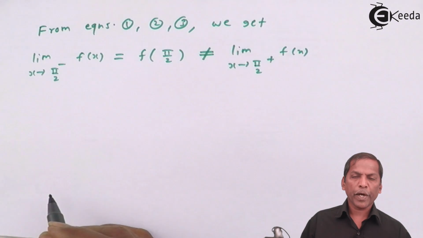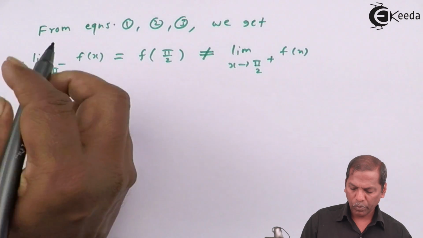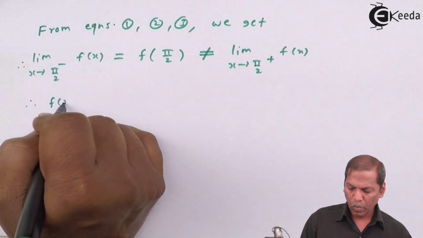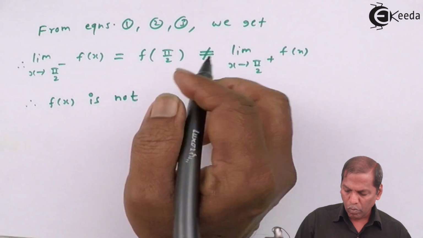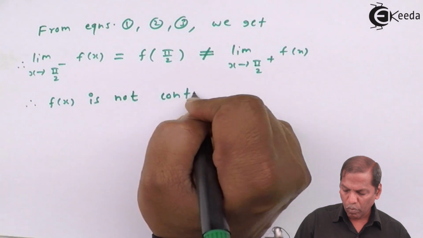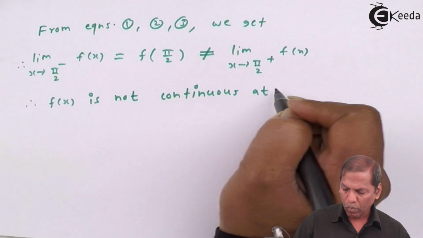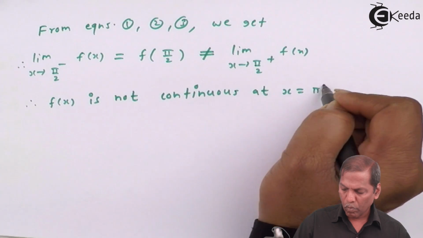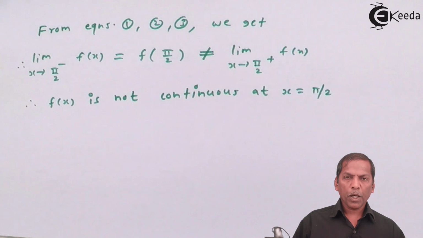And from this, we conclude that f of x is not continuous at x equal to pi by 2. So this is the required solution for the given problem.